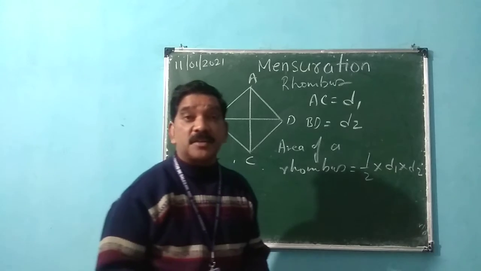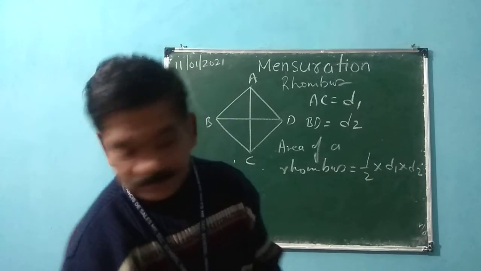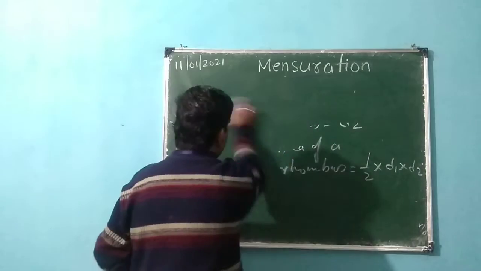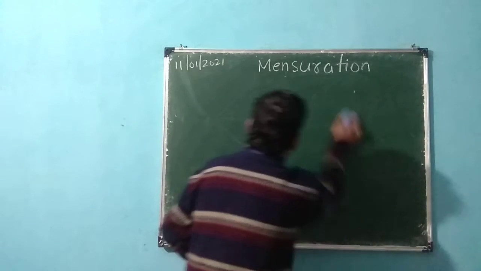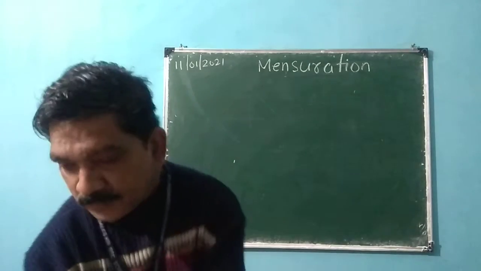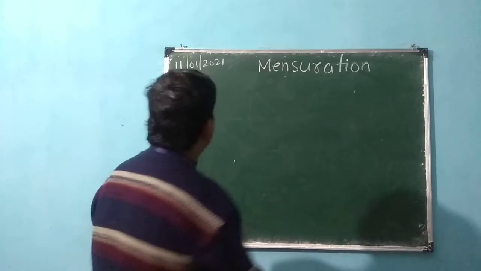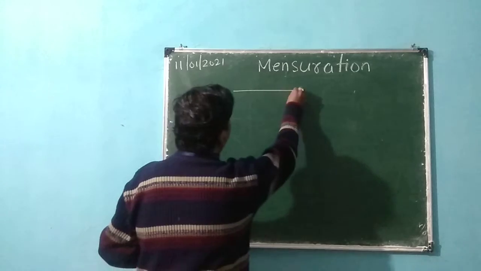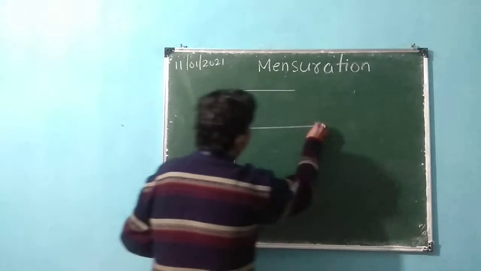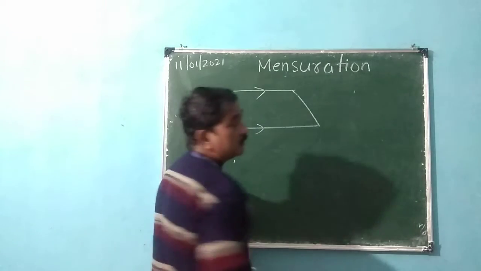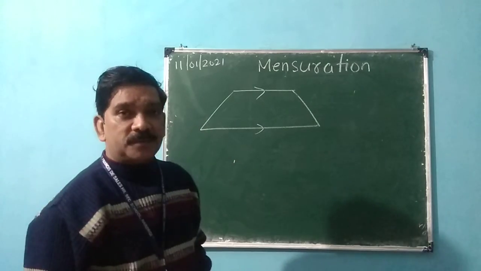After that, we studied about the area of trapezium. What is a trapezium? Again, trapezium is a quadrilateral whose opposite sides are parallel and the other two sides are non-parallel. It's called trapezium.